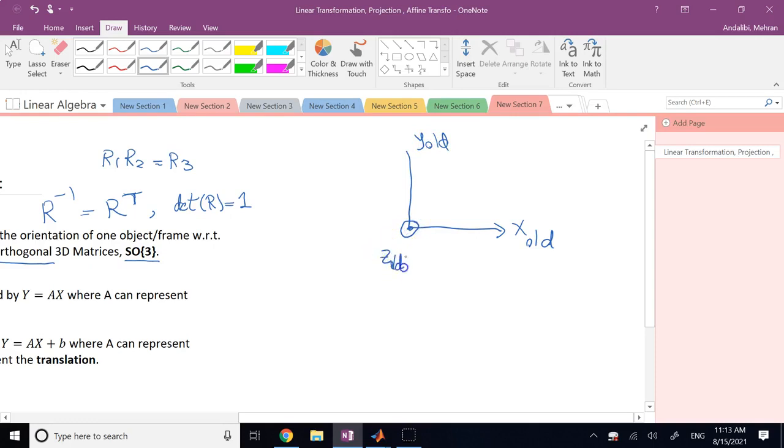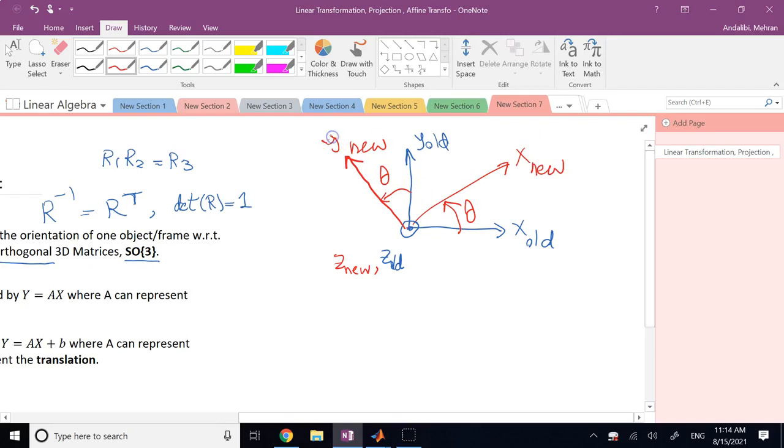If I go ahead and rotate this coordinate frame by an angle theta, whatever you want, but counterclockwise, then I will get this set of axes, right? So z new is the same as z old because I'm rotating about z, but this rotation angle, positive counterclockwise, I call it theta. So this is my x new, and this is my y new.